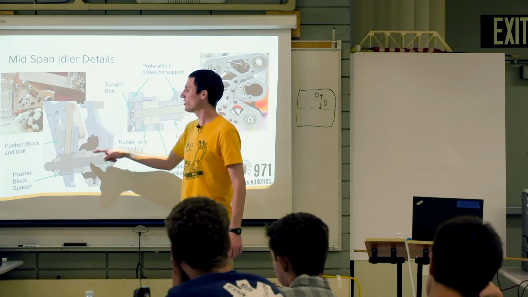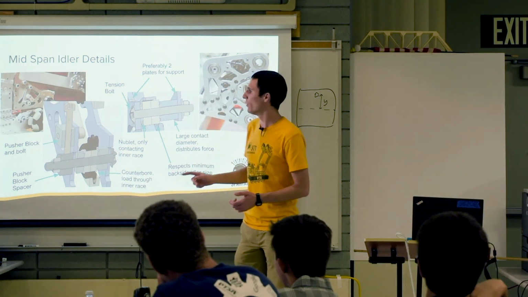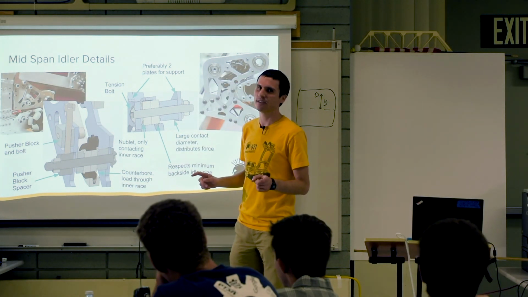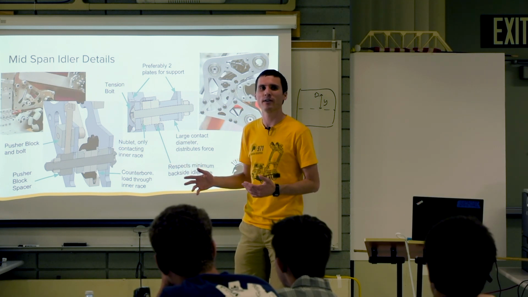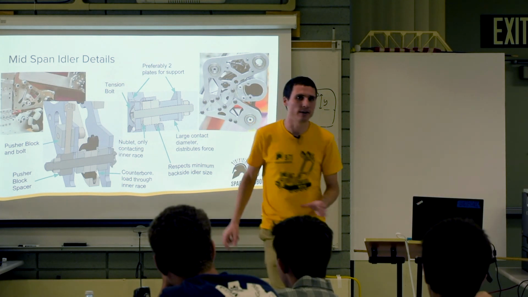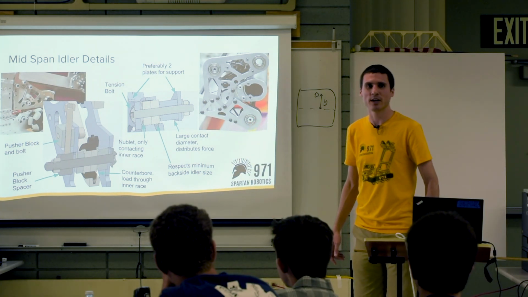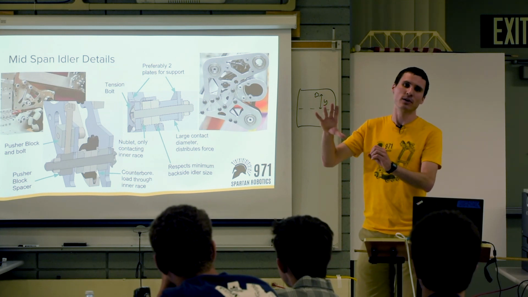And then, because you now have large spacers on everything, you need to make sure that you don't contact both the outer race and the inner race of the bearing. First of all, do people know what an outer race and inner race of a bearing are? No, okay. So what's the purpose of a bearing? To make something smooth and rotating, right? So you have one thing that's not rotating and one thing that is rotating.